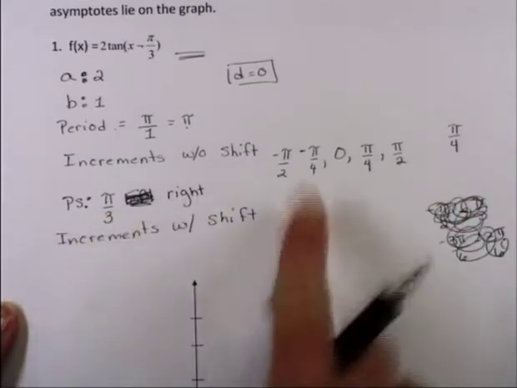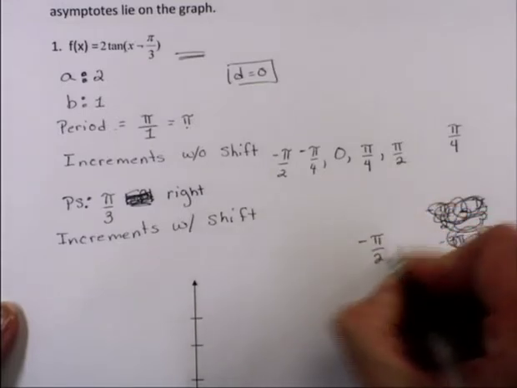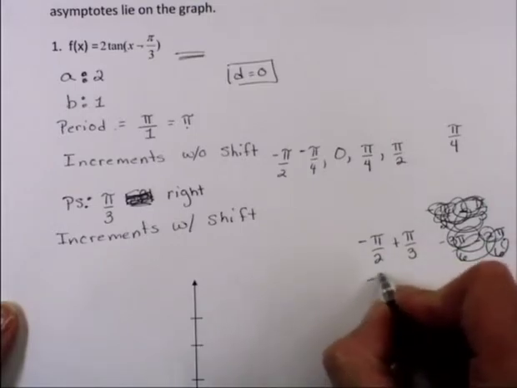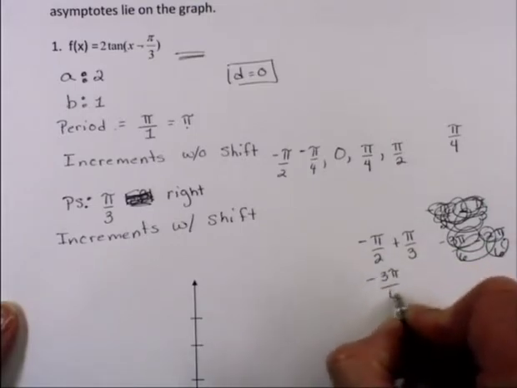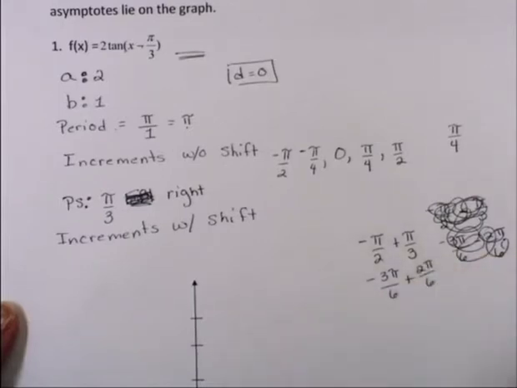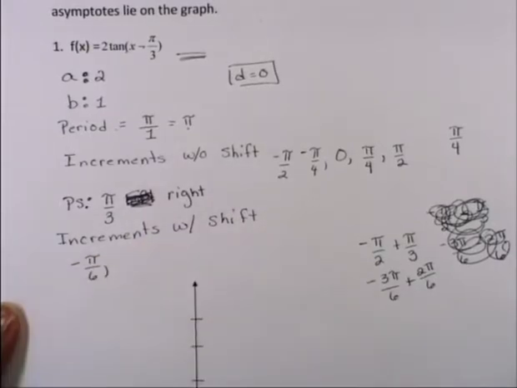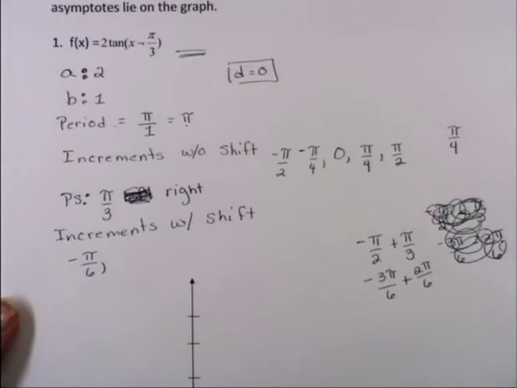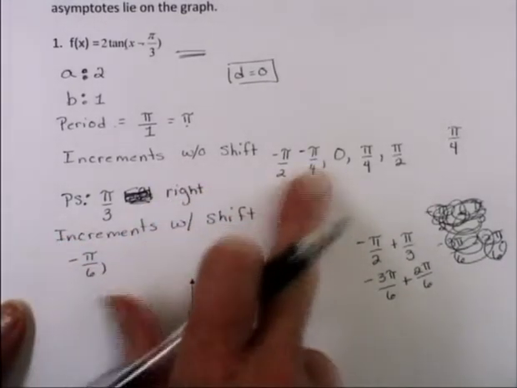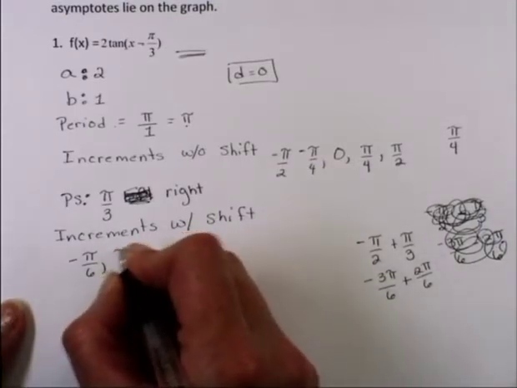All right, so pi over 3 to the right, let's add them this time. Negative pi over 2 plus pi over 3. Find a common denominator. Negative 3 pi over 6 plus 2 pi over 6. So my first value is going to be negative pi over 6. All right, add again. When I add pi over 3 to negative pi over 4, I get pi over 12.